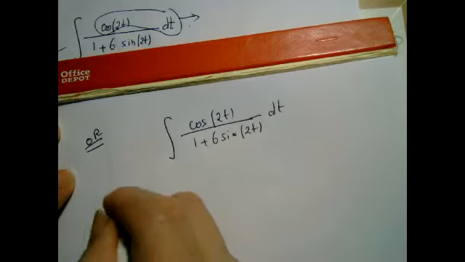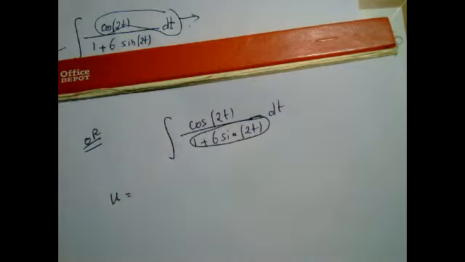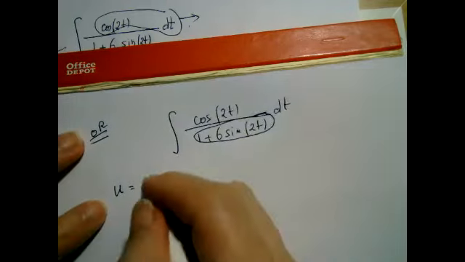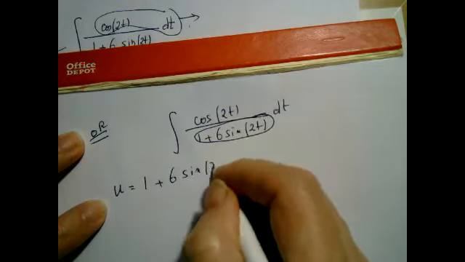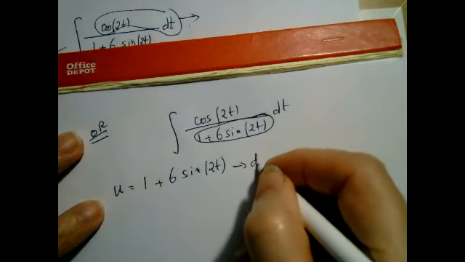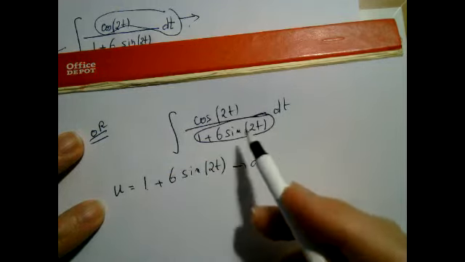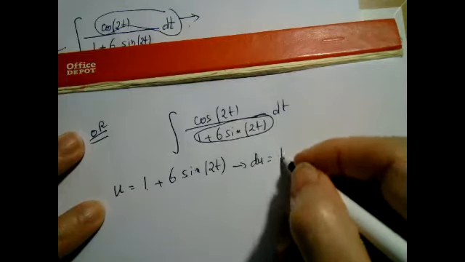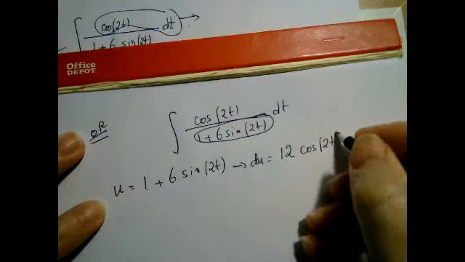I can pick my u to be the whole denominator, which will make it slightly easier for us. I pick it to be the whole denominator. That's my u. My du would be, derivative of 1 is 0, so it's not really affecting anything. It's still 12 cosine 2t dt.